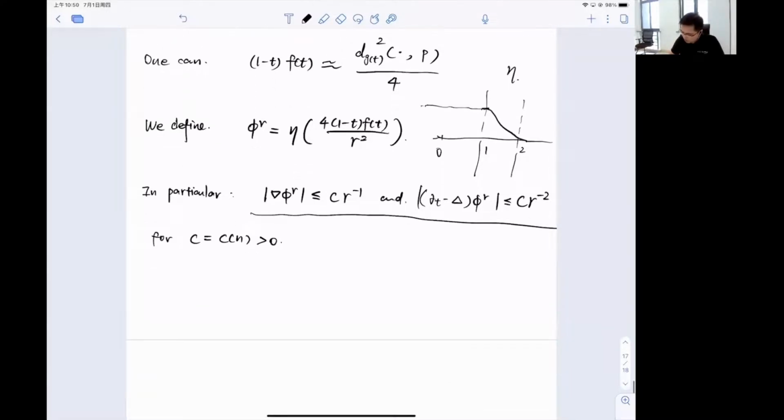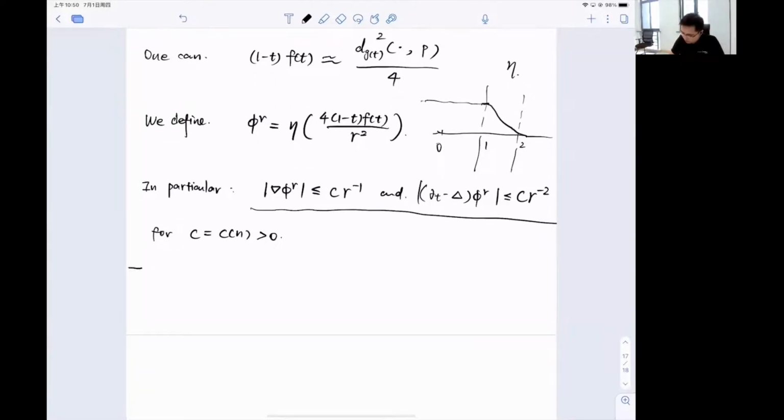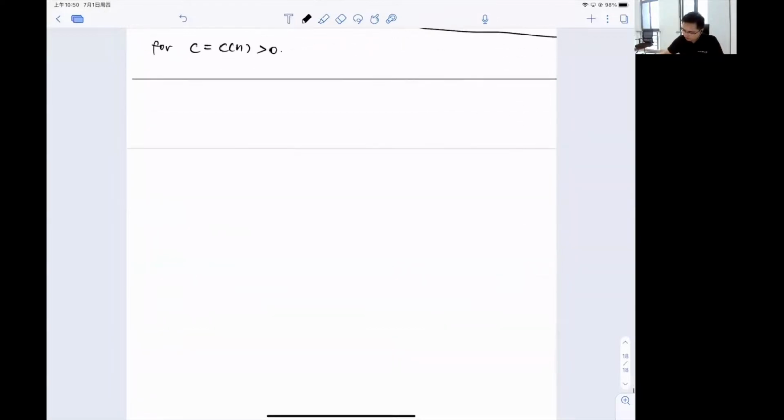Now, with this property, we can show a stronger identity between the parabolic entropy and the entropy of Ricci shrinkers.